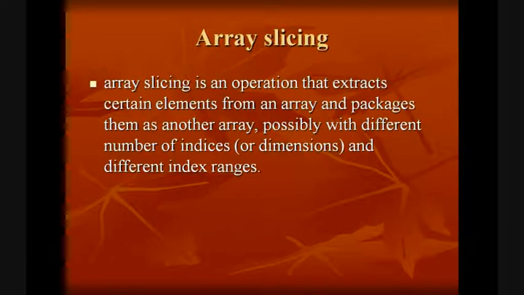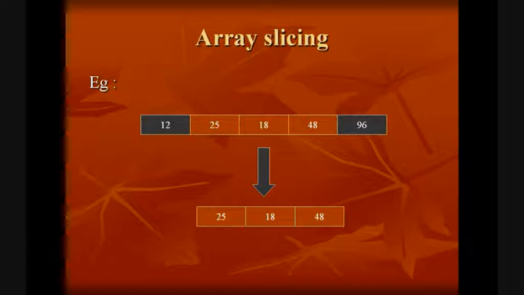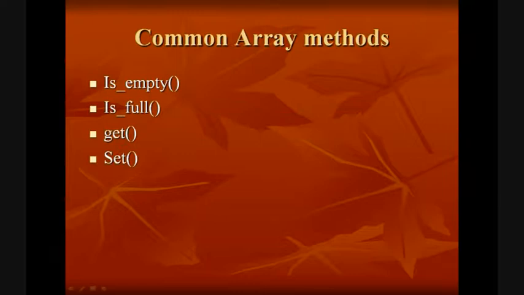We will discuss that at length in the second part of this video, when we talk about language-specific array implementation. Here the array slicing is shown in a diagrammatic way to make it very clear to you. But note that array slicing can be done from anywhere within an array, not only from the middle.